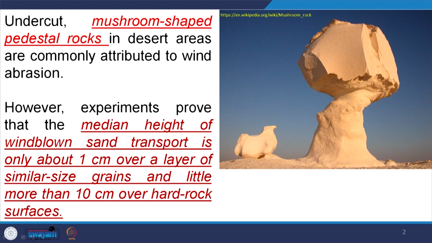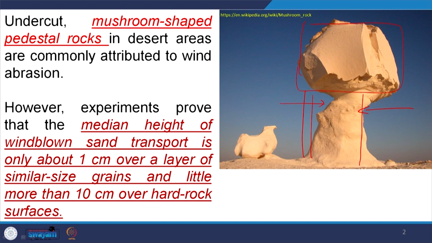If you see the base of this rock, more removal, that is more erosion, has occurred at the basal part. However, as compared to the top part, the material there is less removed.